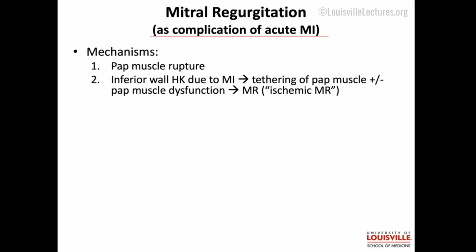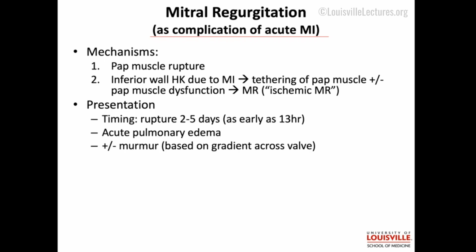But when the inferior wall is hypokinetic, it's not squeezing. And so it's essentially pulling on that mitral valve leaflet and tethering it so that it cannot coapt with the other one. Okay? And so that's going to give us acute mitral regurgitation because of the ischemia of the inferior wall, not necessarily because of a rupture of pap muscle.